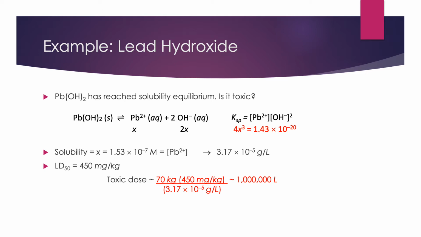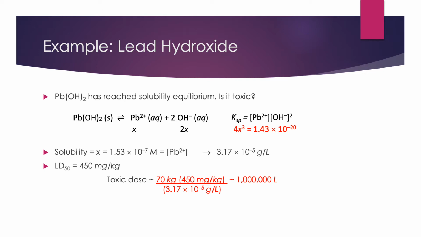Lead hydroxide is a sparingly soluble compound, and let's say that it has reached solubility equilibrium. What we might be interested in, in this case, is whether it's a toxic amount that's in solution. So the solubility of lead hydroxide would be Pb(OH)2 dissolving into water to form lead 2+ ions and 2 hydroxide ions.